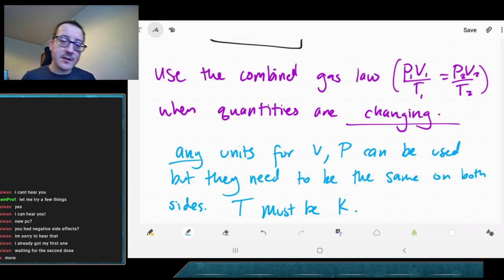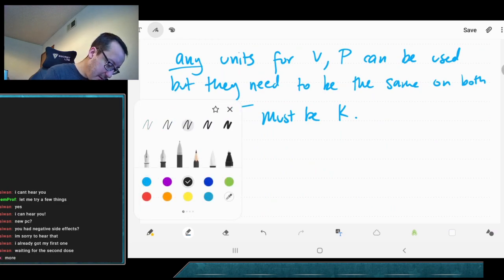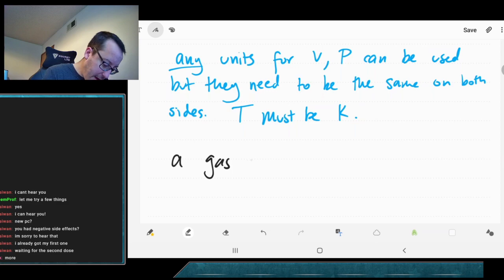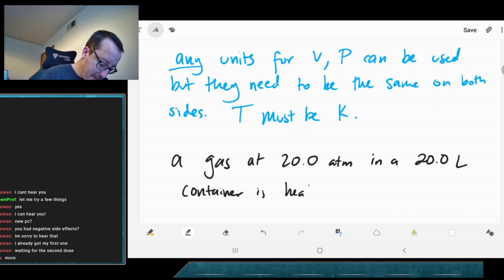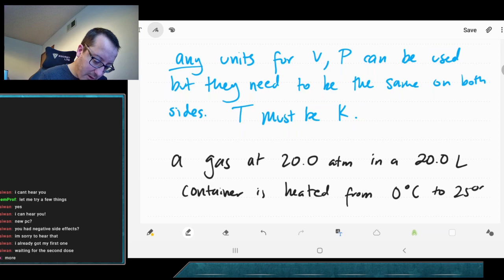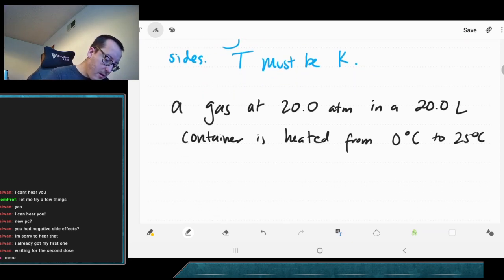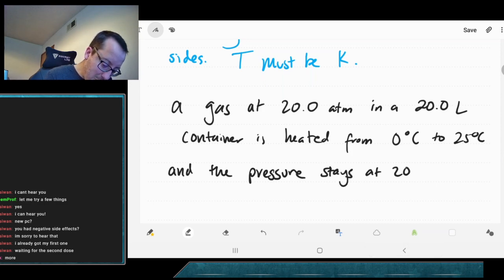You cannot use it in Celsius because, well, let's say we have a gas at 20 atmospheres in a 20-liter container that is heated from 0 degrees to 25 degrees, and the pressure is maintained, it stays at 20. What is the new volume?